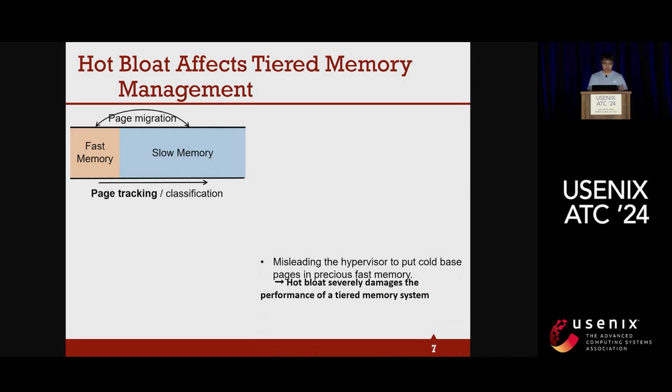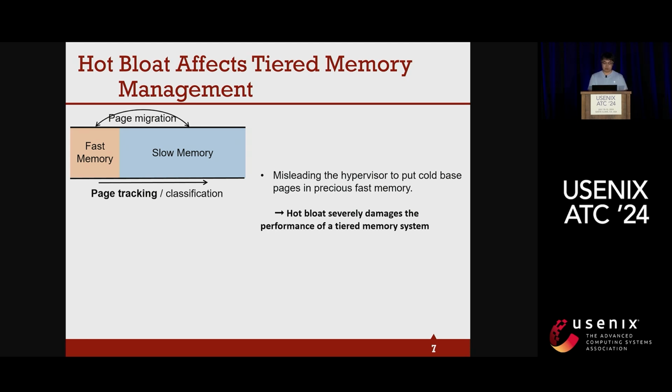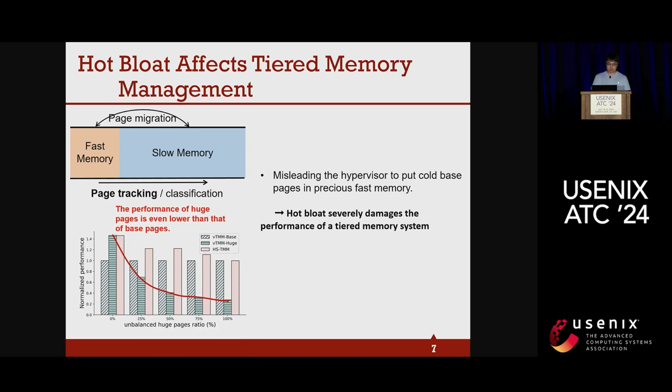But hot bloat can mislead the hypervisor into treating all memory of the VM as hot, mistakenly putting cold base pages into the fast memory. A macro benchmark shows that the more such skewed huge pages, the worse the performance of the system.